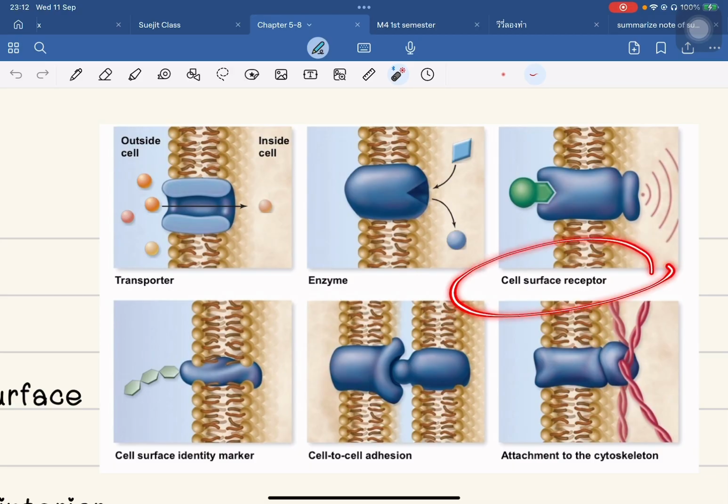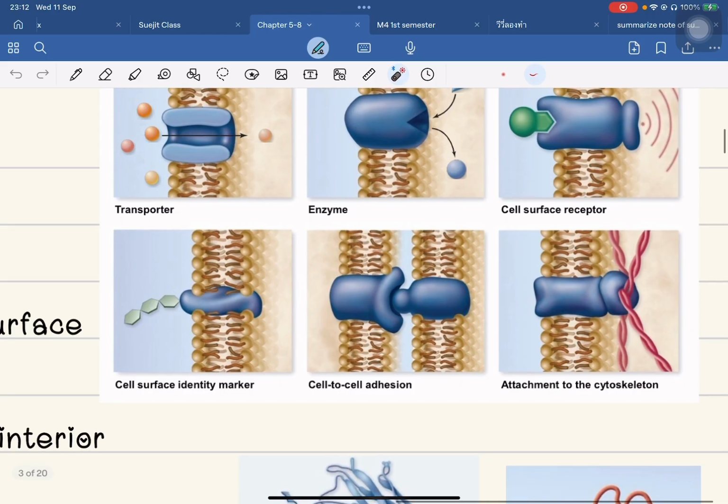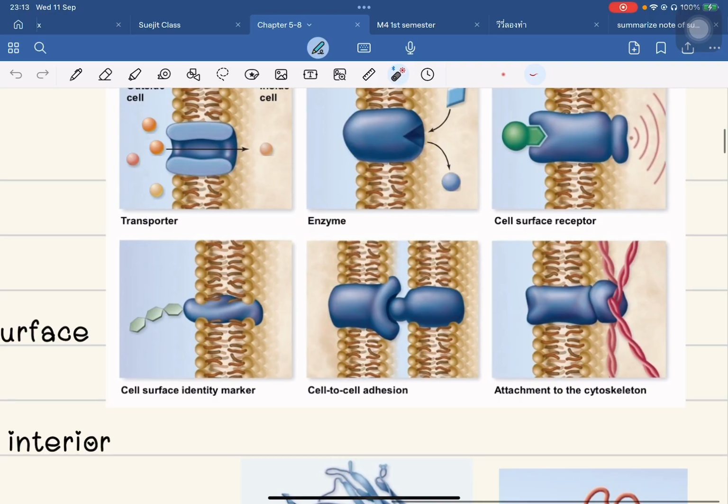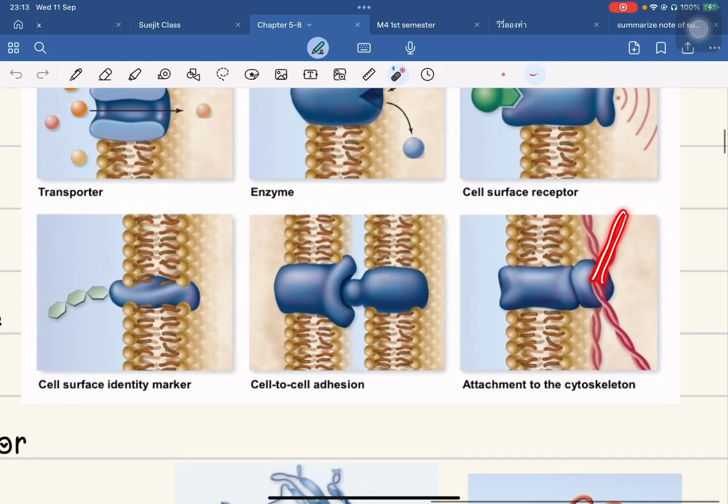The third one is the cell surface receptors. The fourth one is the cell surface identity markers. Then we have the cell-to-cell adhesion, which is the one that is going to join two cells together. And the last one is the attachment to the cytoskeleton, which is going to attach to the cytoskeleton of the cells.